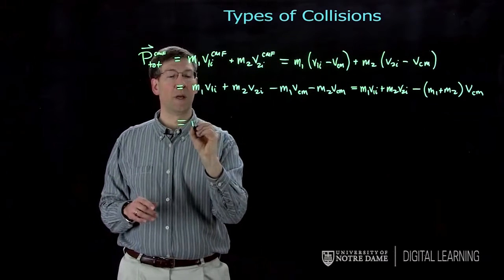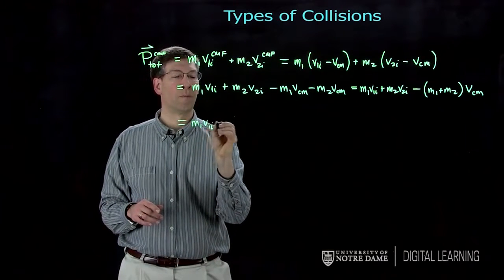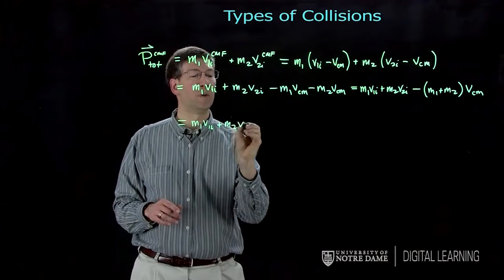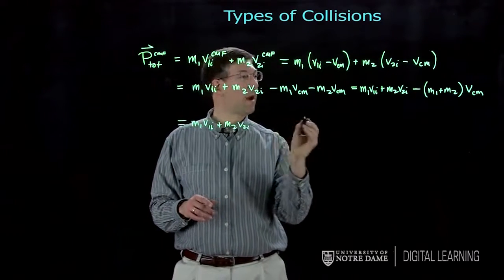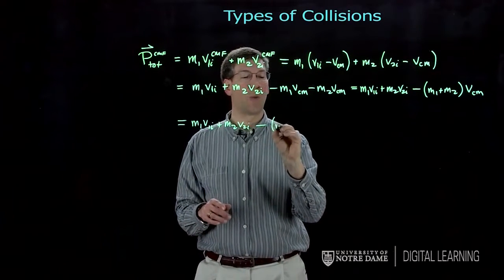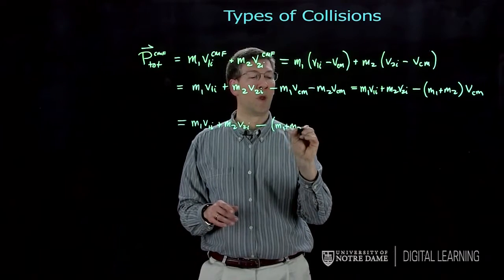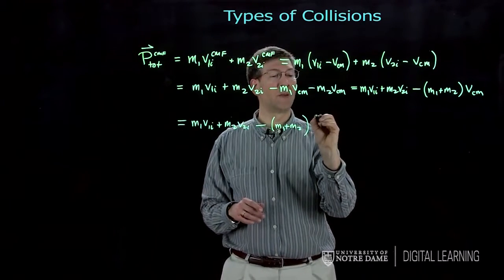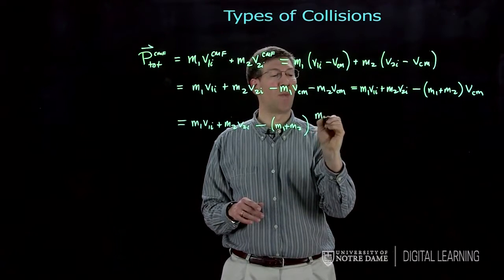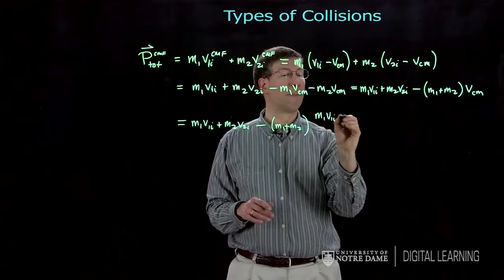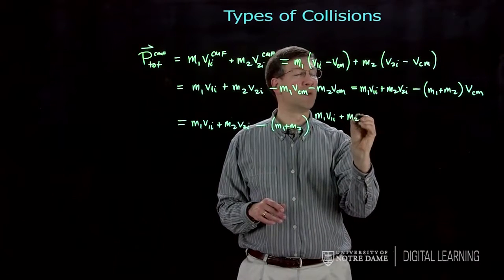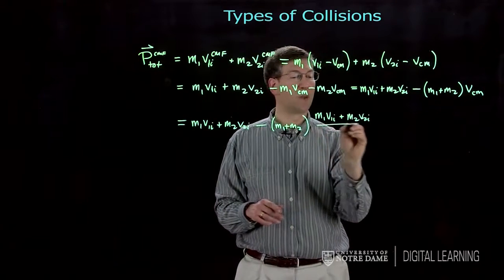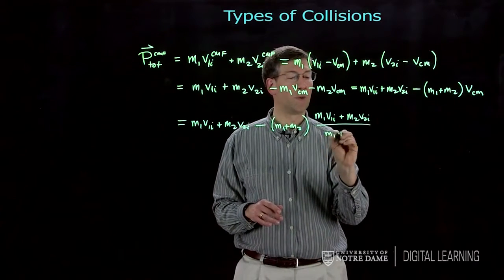So this gives me m1 v1 initial plus m2 v2 initial. And then I have minus this quantity m1 plus m2. And I'm going to recall our expression for the velocity of the center of mass, which is m1 v1 initial plus m2 v2 initial divided by the sum of the masses, m1 plus m2.